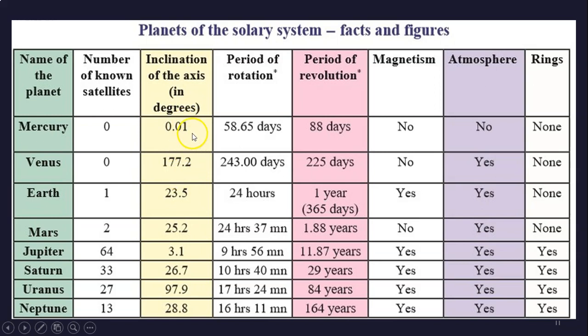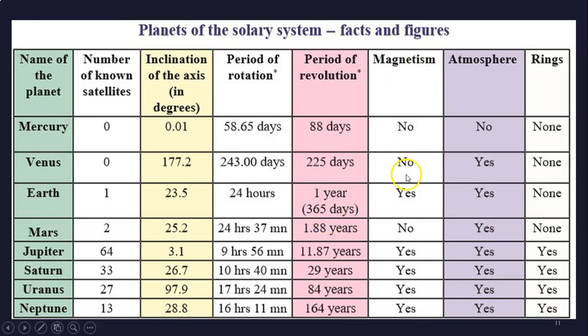You know that a planet is not straight, it is slightly tilted. So how tilted it is is mentioned over here in terms of degrees. The period of rotation, how long does it take to rotate around itself? The period of revolution, how long does it take to complete one round around the sun?